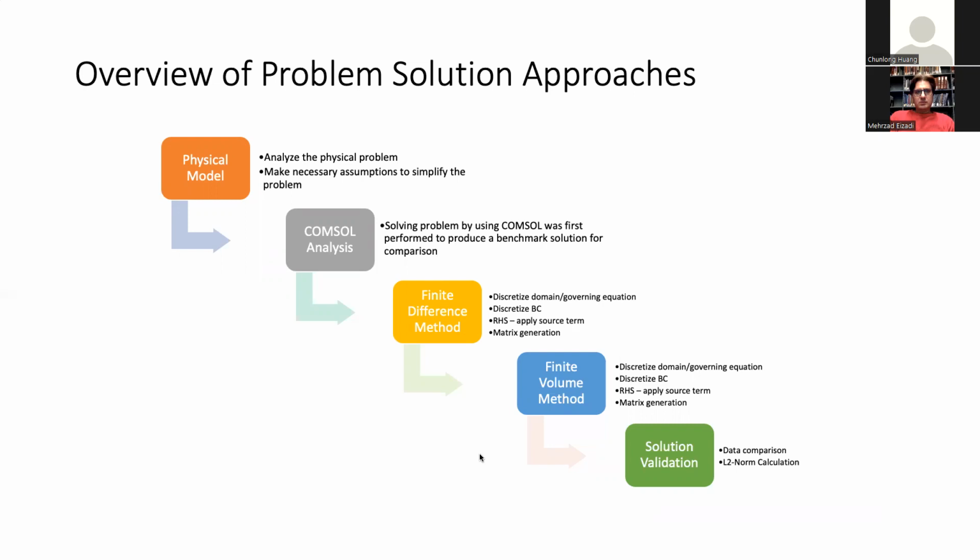Then we go into the finite difference method, and after that the finite volume method. Then we compare the solutions from both methods with the COMSOL solution. And we also perform the error analysis to compare the error or the deviation between the methods.